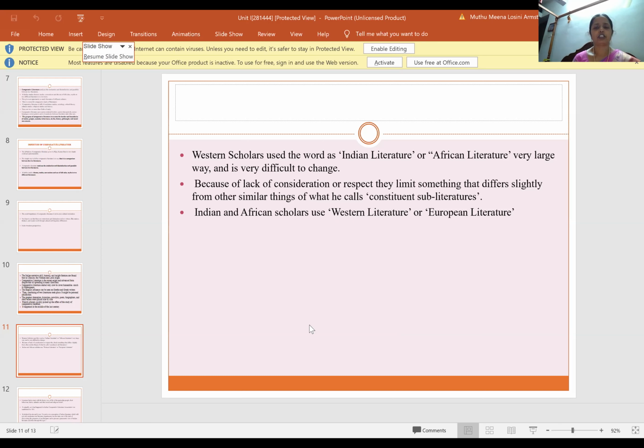Because of lack of consideration or respect, they limit something that differs slightly from other similar things, what he calls constituent subliteratures. Indian and African scholars use Western literature or European literature.